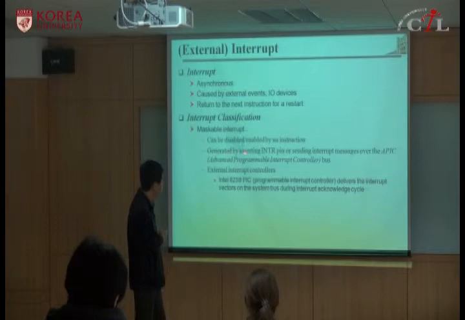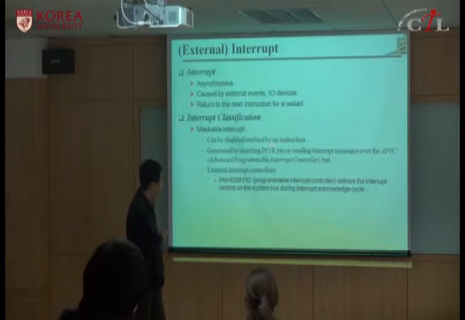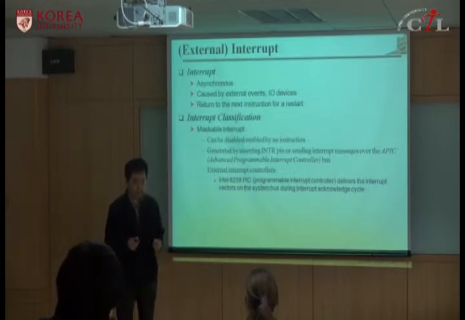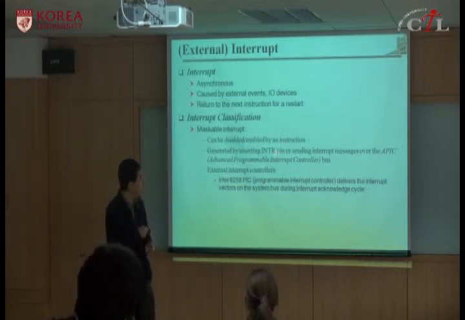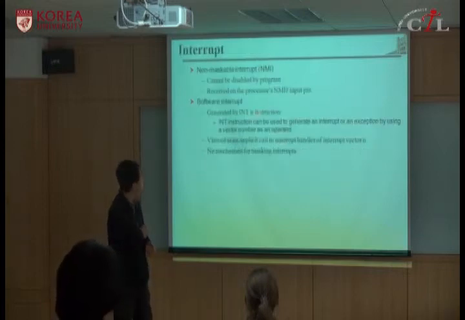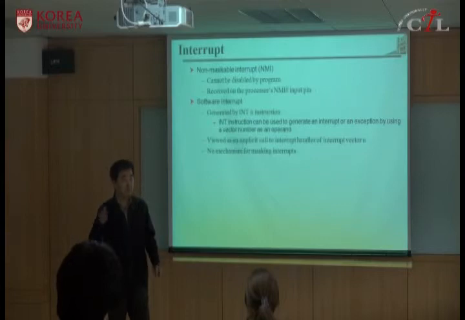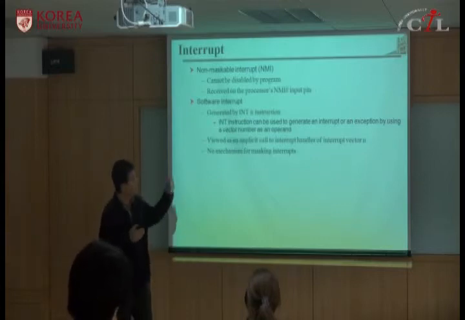And this is generated by asserting an interrupt pin or sending an interrupt message over the APIC bus. On the CPU package, there are 2 different interrupt pins. One is the INTR pin, the other is the NMI pin. So whenever you generate some more important interrupt, you use the NMI pin.